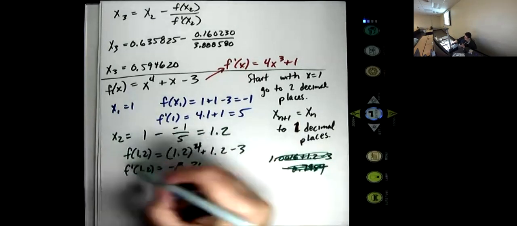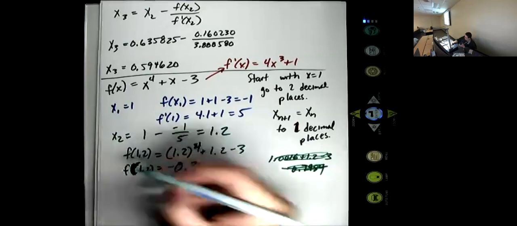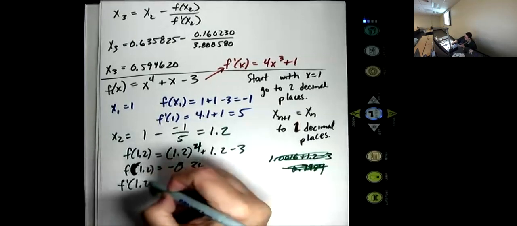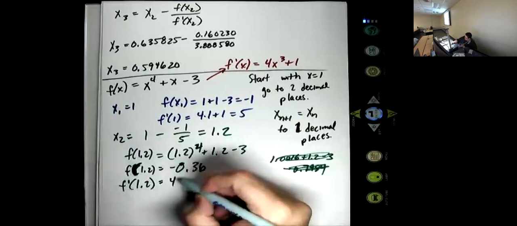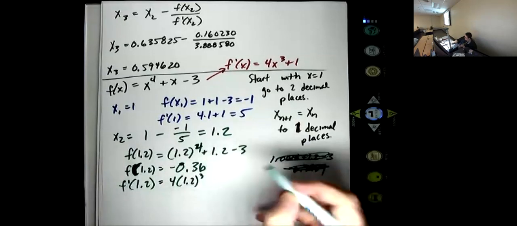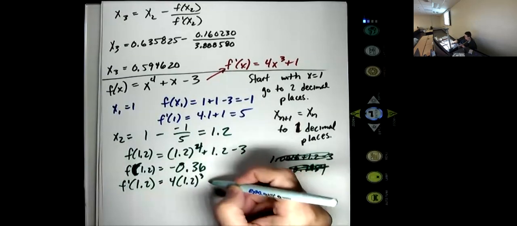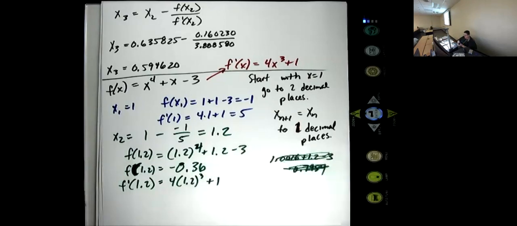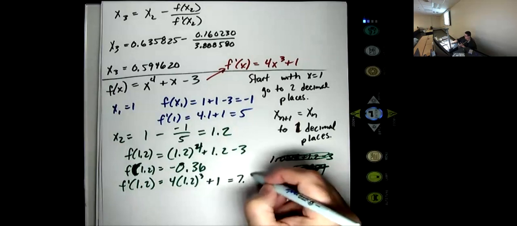Oh, sorry, that's f of 1.2 right there. f prime of 1.2. We've got 4 times 1.2 cubed plus 1, which is 7.912.